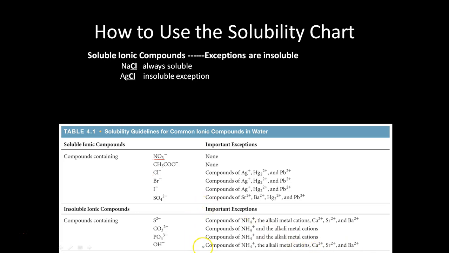What are they? Think about it. Those are bases, and in particular strong bases, as are any alkali metal bonded to hydroxide. Phosphates are generally insoluble, meaning they'll make a solid substance, but they have important exceptions: ammonium and alkali metal cations. And that's how you read the table and use it to predict what will be soluble and what will be insoluble.